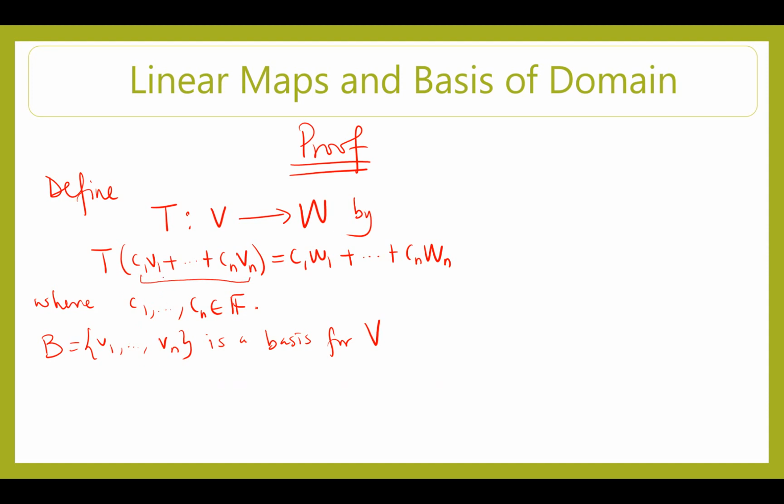Since B is a basis, if you let v be in V, I can uniquely write v as a linear combination of all the vi's, because B is a basis. All right. Okay, now that I have a map that is written this way, it is well defined. I just showed that this is well defined.